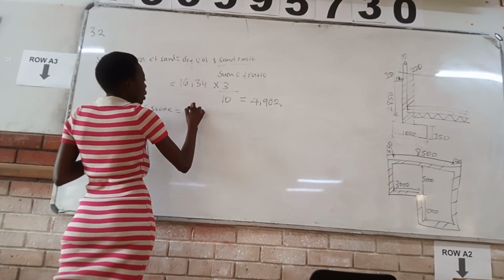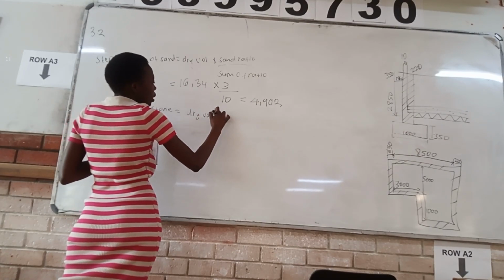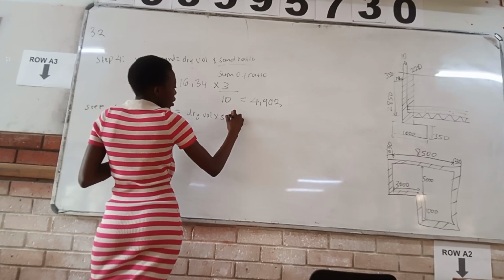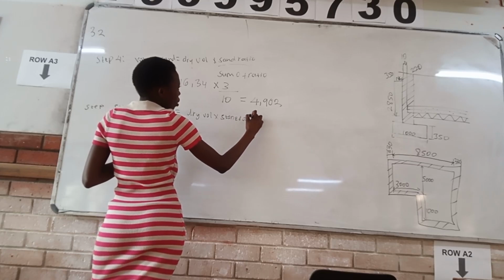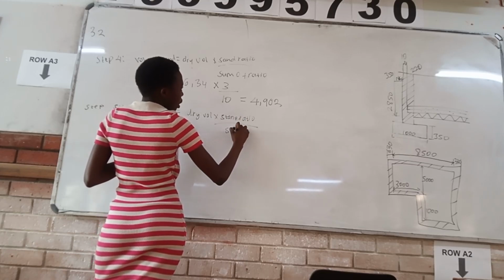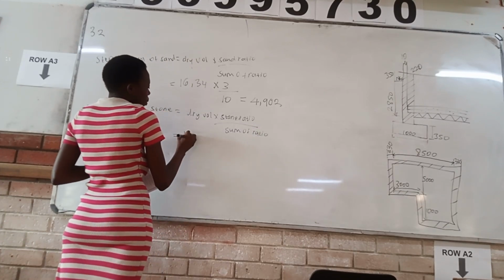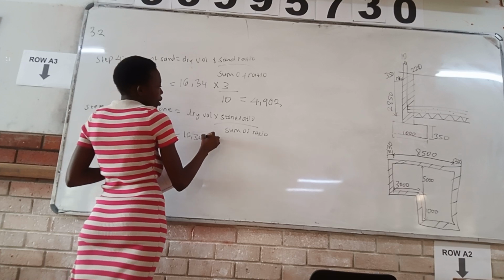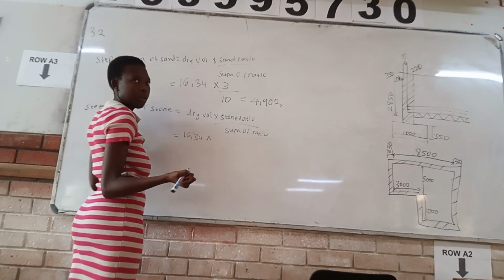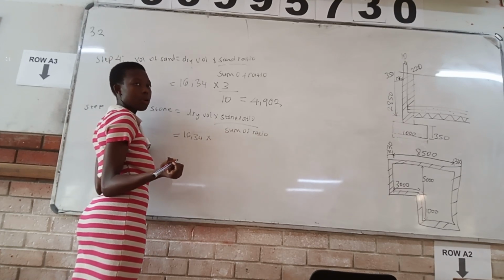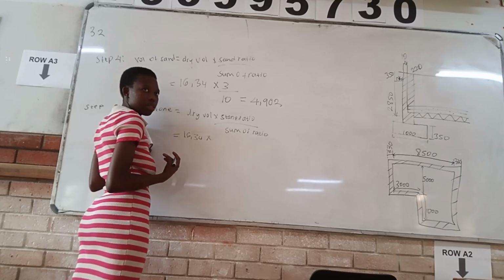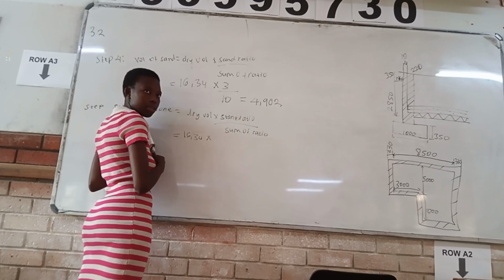So it's dry mix volume times stone ratio, all divided by sum of ratio. Dry volume is given by 16,34. Stone ratio is given by the ratio.